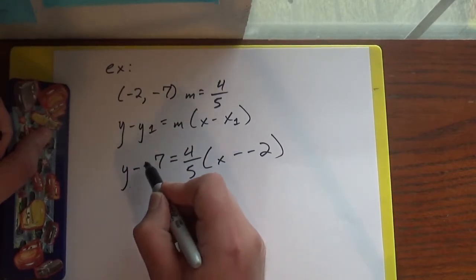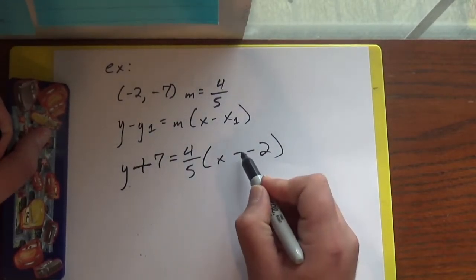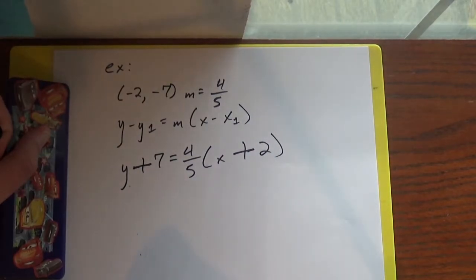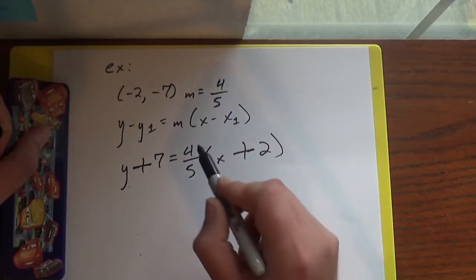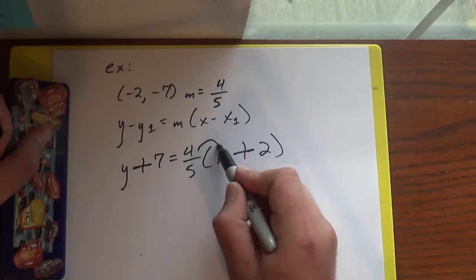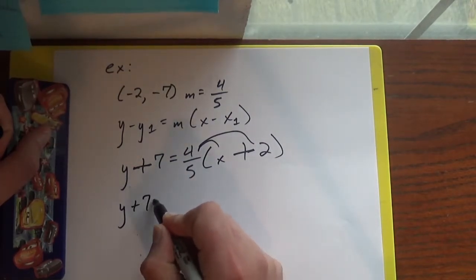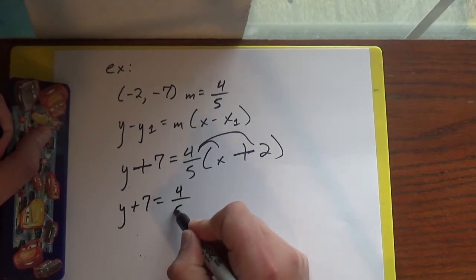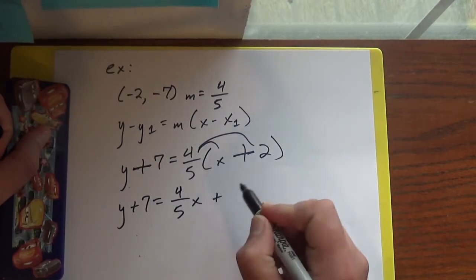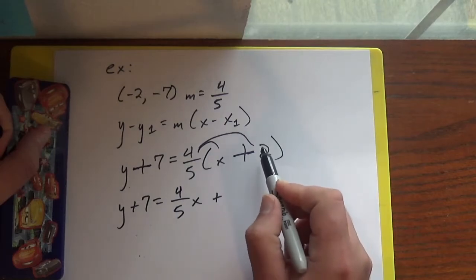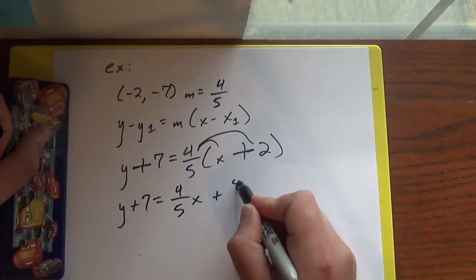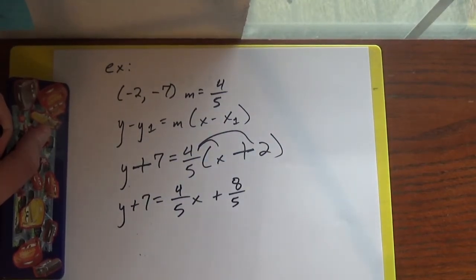Instead of rewriting the whole thing, I'm just going to make a giant plus sign, giant plus sign. Now, my first step is I need to distribute my slope, so I'm going to multiply this through. Y plus 7, 4/5 x. And 2 times 4/5, I just multiply the top, so 8/5.